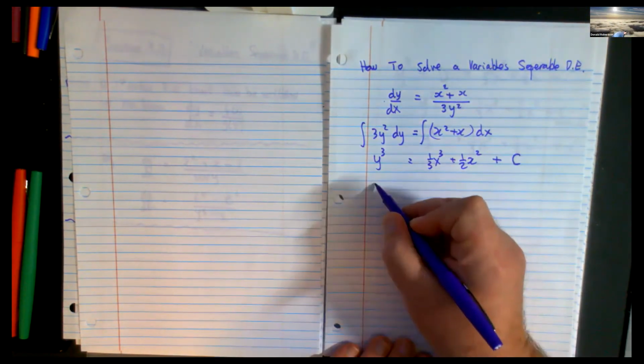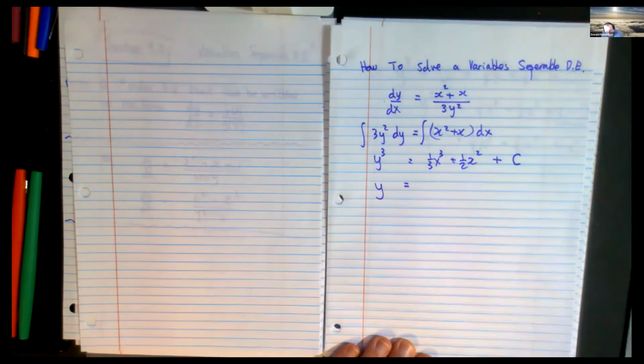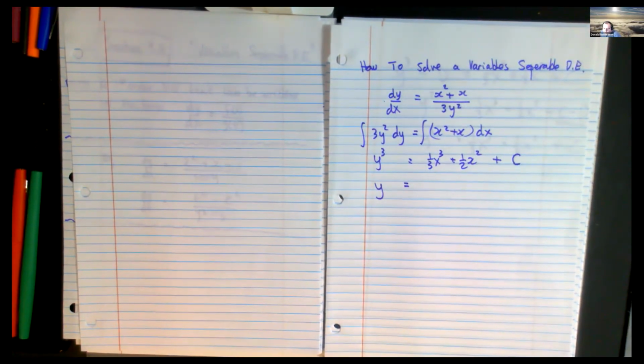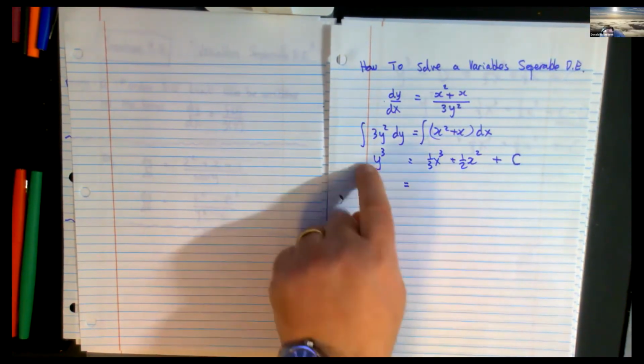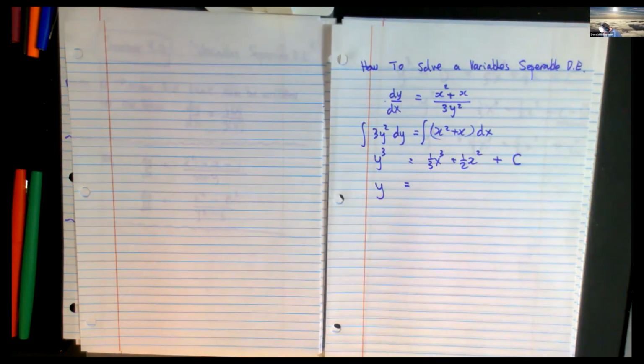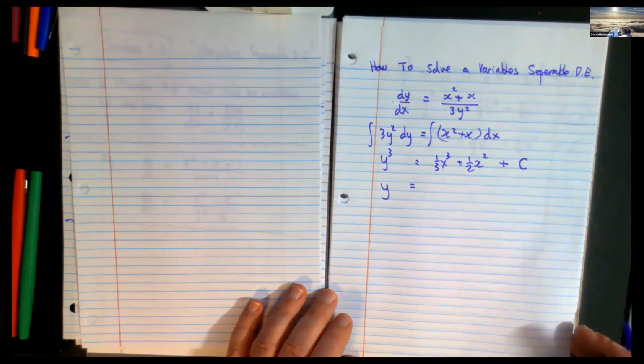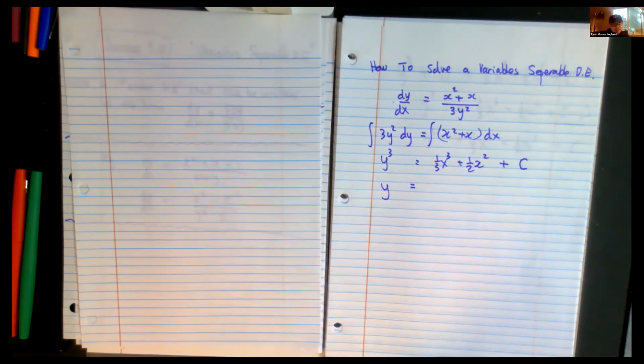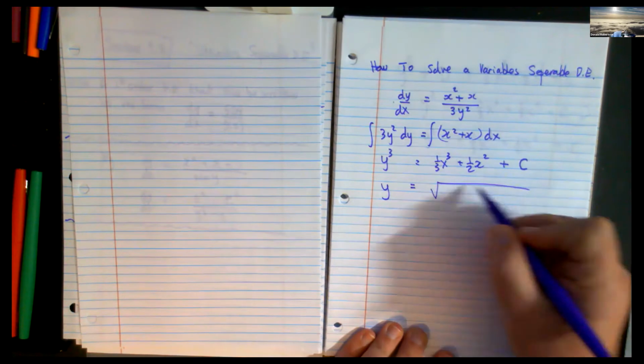In this case, this is one of those situations. So what would I need to do to both sides to go from this line to y equals? Cube root. That's it. Just stick everything inside the cube root.